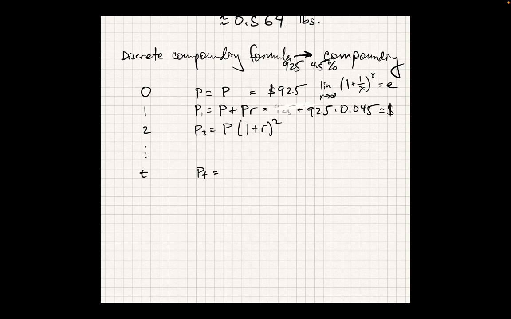We probably covered this last time and are not doing it as explicitly this time: how can I rewrite this more simply? What can I factor out of P plus PR? Factor out P, and what's left is R?